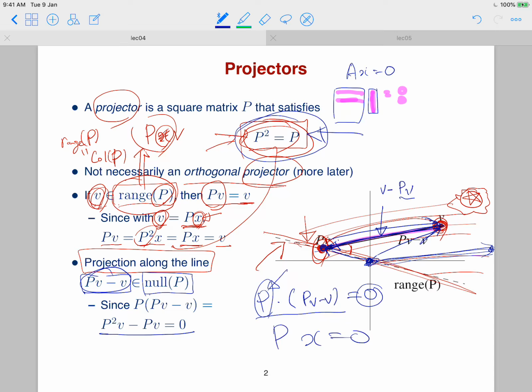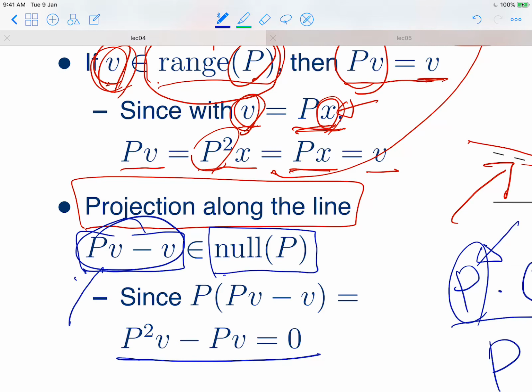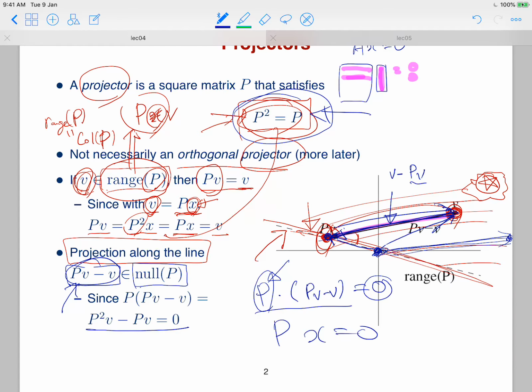This guy belongs to the null space. This is what we proved last time, right? So in this case, PV minus V belongs to the null space of P, which is represented as P minus I times V, right?